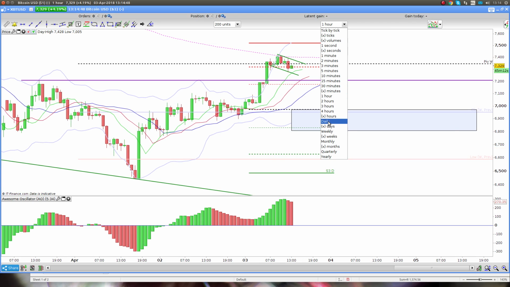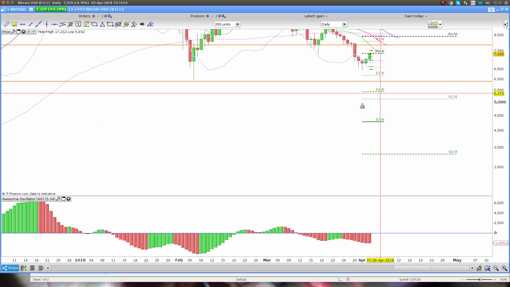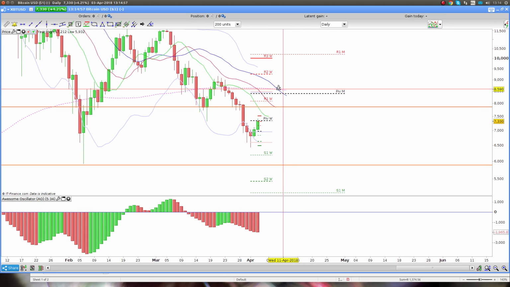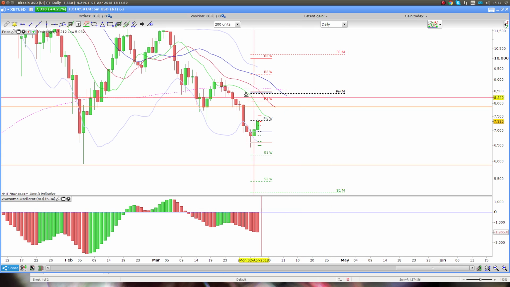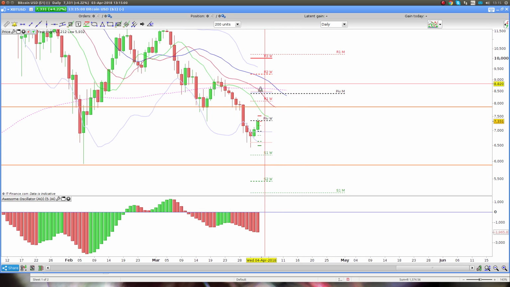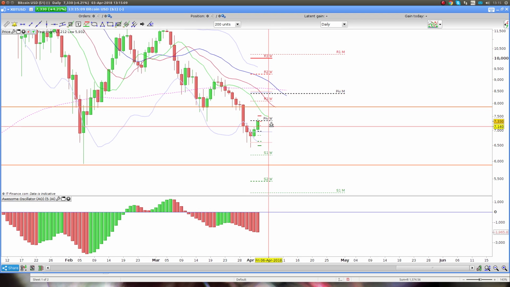Just head back to the daily one last time. So any long that does happen will probably get held up somewhere in this area, on the monthly pivot, the 200 EMA, and the top of the alligator. So the real question is will that be a bounce down, or are we going to actually start finding our feet at the moment?